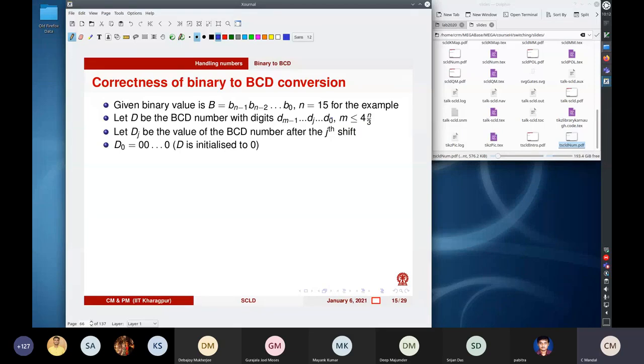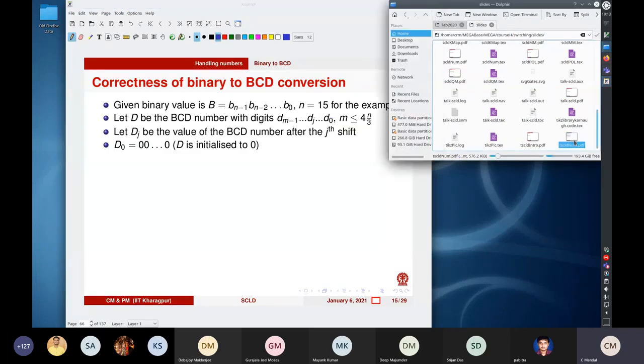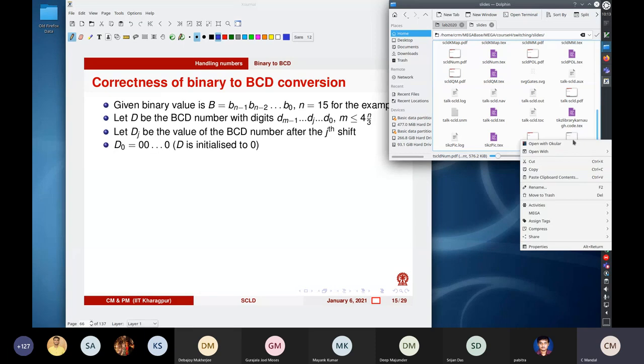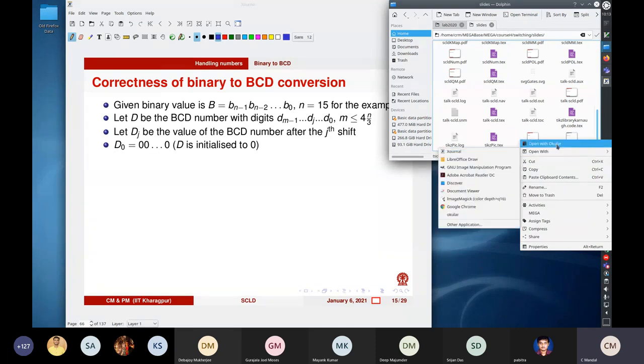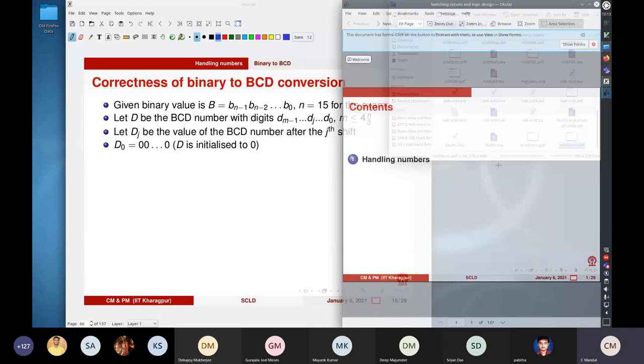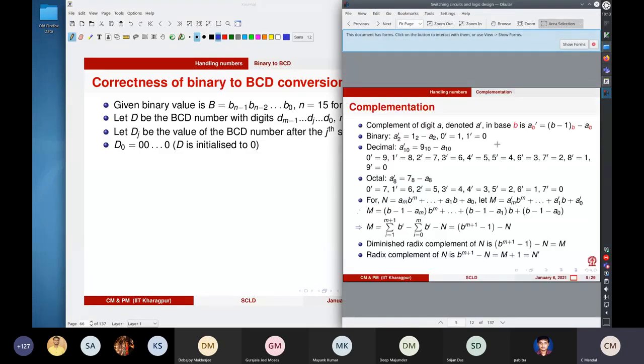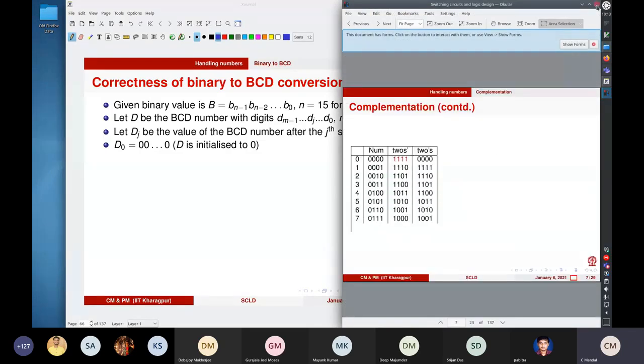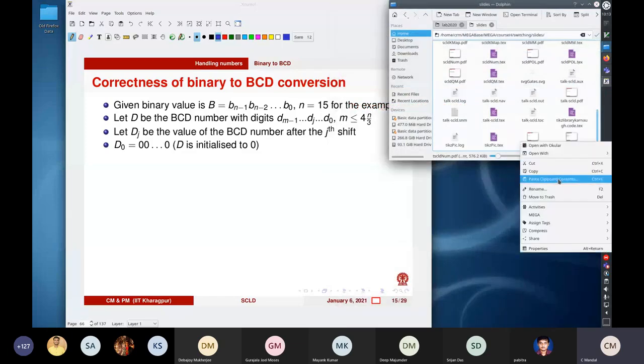Okay. So initially, as you have seen, you have all zero. You can keep that open side by side.